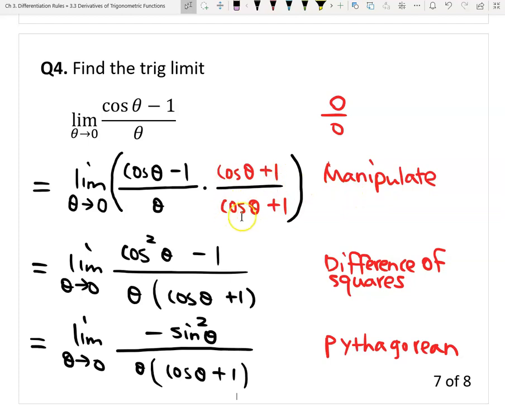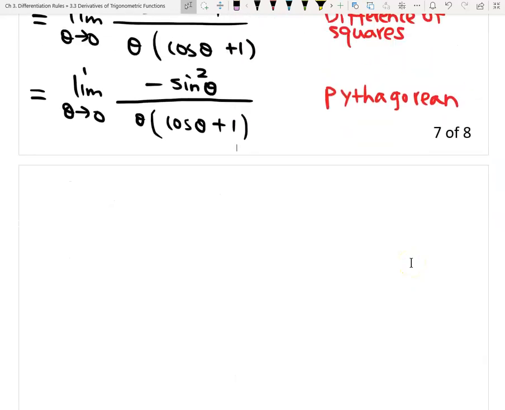If we do this kind of manipulation, we can change the cosine to sine, right? Good. And now we will do this. We just separate a little. I'll put here negative 1, just pull it out. Separate a little, we will have the limit as theta approaches 0.